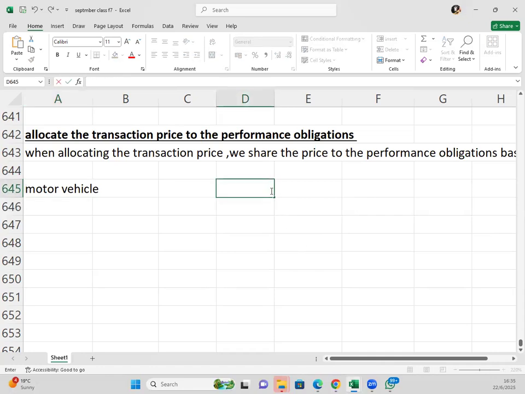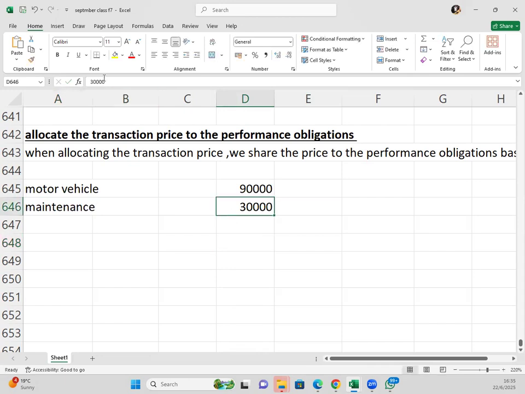If they buy the maintenance alone for 3 years, it's 10,000 times 3, which is 30,000. So the vehicle alone is 90,000 and the maintenance alone is 30,000.